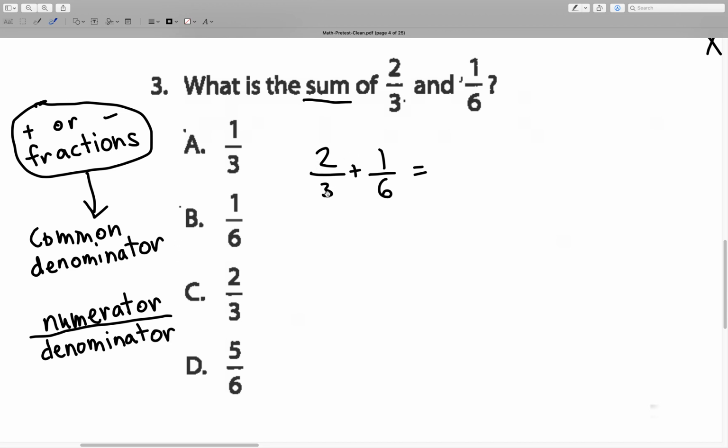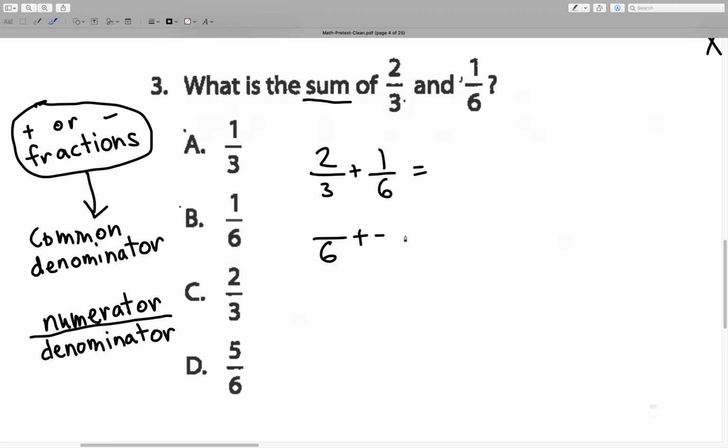Exactly. So we're looking for the common denominator. We're looking for a common number in the bottom of the fraction, right? The first thing you do is you see which number goes into which number. Does 6 go into 3? No. Does 3 go into 6? Yeah. Right? So the common denominator will be 6, remember.